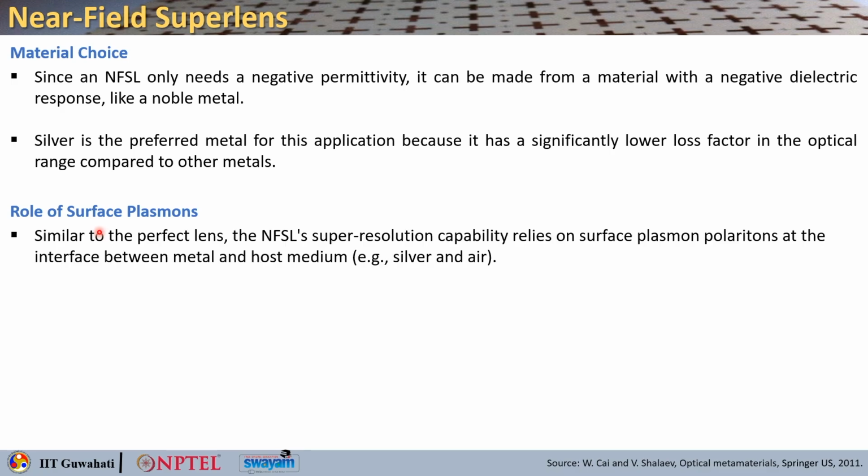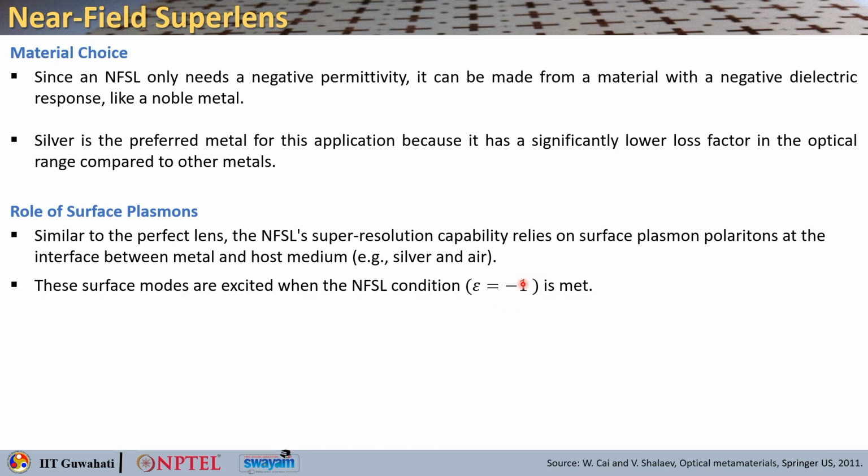Now, there is a role of surface plasmon. Similar to the perfect lens, in the near field super lens the super resolution capability relies on the surface plasmon polaritons at the interface between the metal and the host medium. Here it is silver and air.